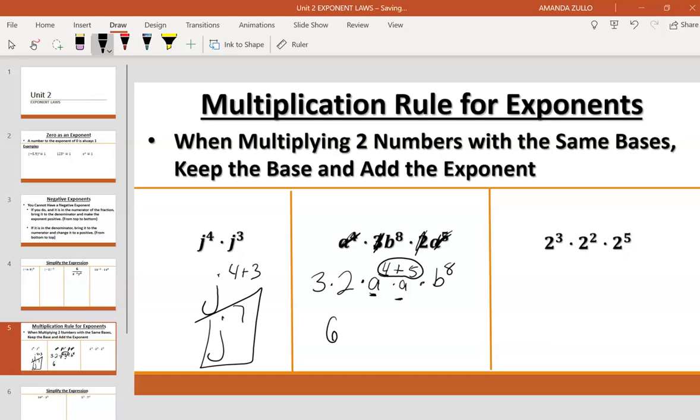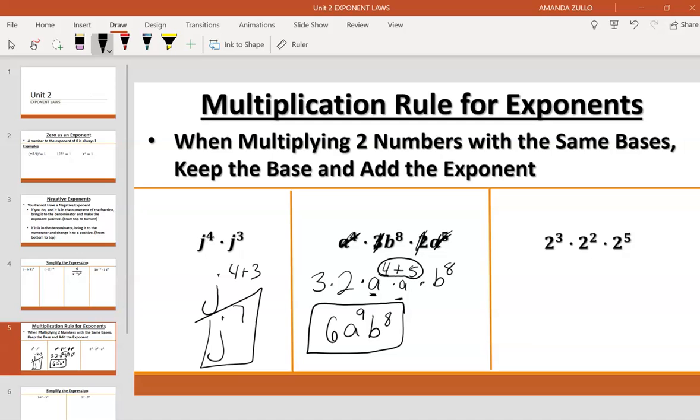So instead of having 2 A's, I only have to write it one time. And a to the 4 times a to the 5 is a to the 9. B is kind of by itself, so you don't have to do anything with it besides copy it down. All right, that's that.